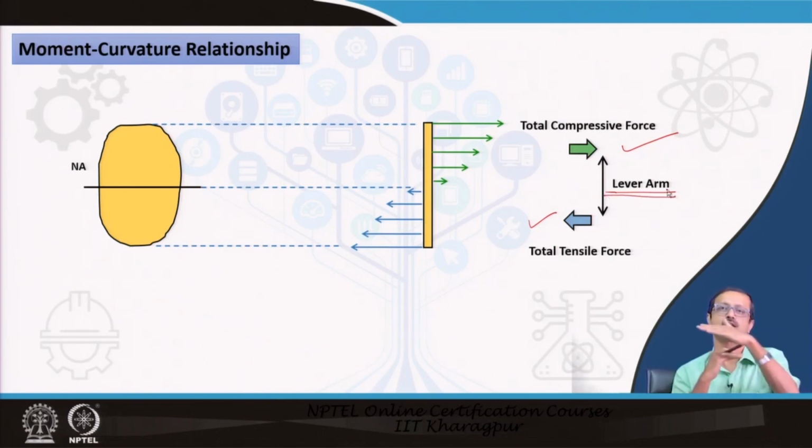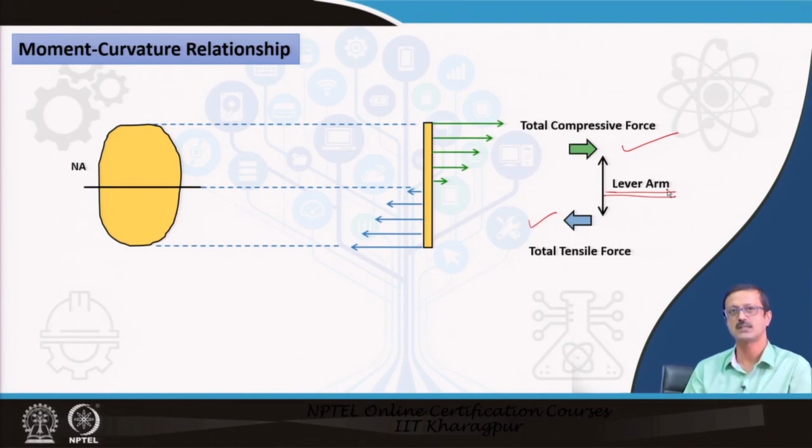These two are equal and opposite forces, and they will create a moment. So I can find out this particular moment which is generated because of the applied force. That is called the moment of resistance of the section.